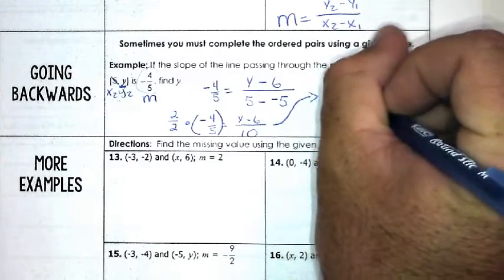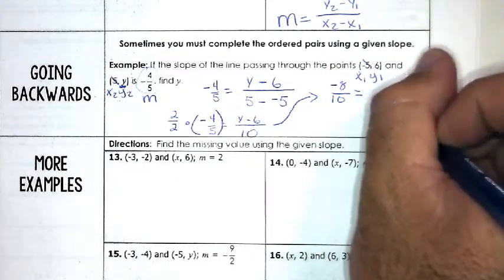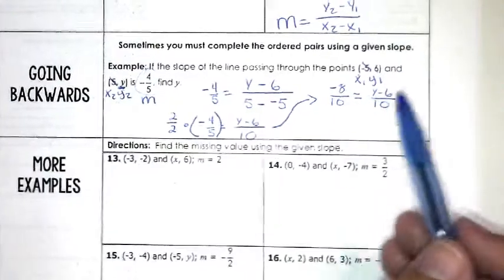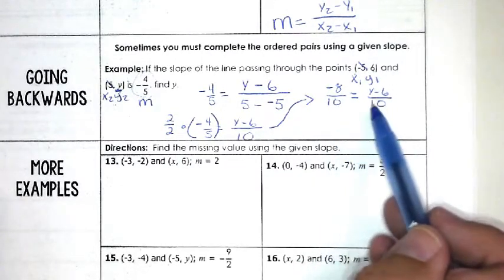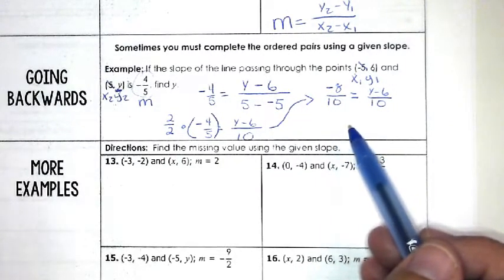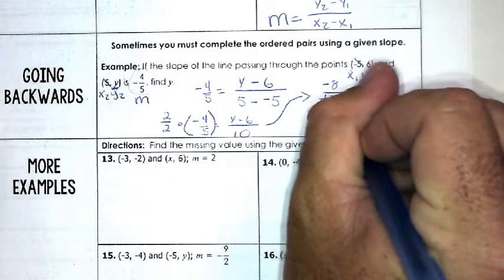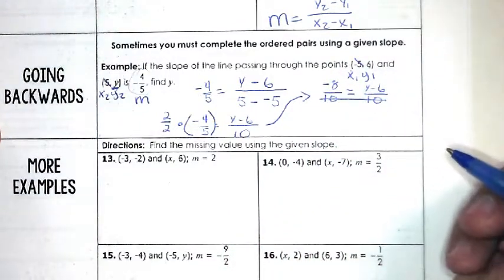Do these now equal each other? 10 equals 10. Okay, really technical thing I'm about to do here. You really need to pay attention. I'm going to cross them out. Very technical. And what am I left with? Negative 8 equals y minus 6.